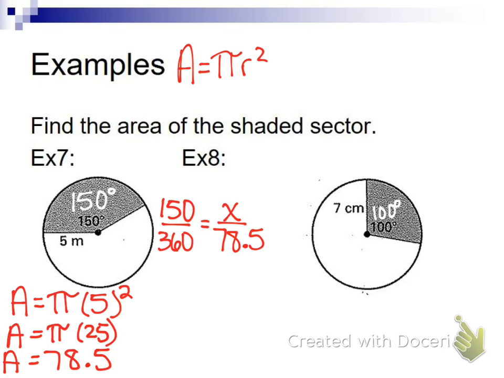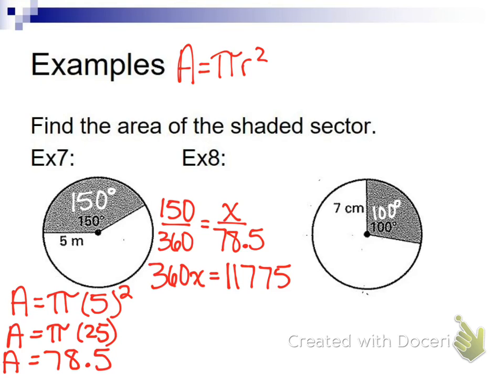Now what do we have to do? Cross multiply. 360 times x is 360x equals. We have to take 150 times 78.5. 11,000. We all agree with that?